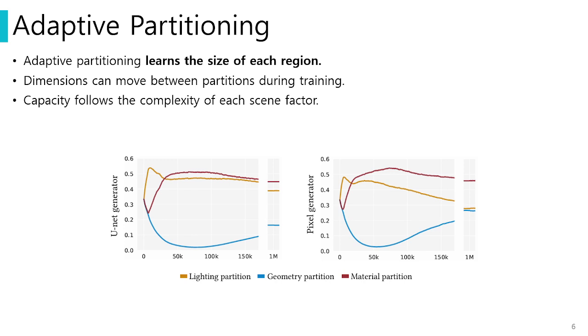During training, the model can move dimensions from one partition to another. Technically, the model learns a trainable size parameter and uses soft boundaries, so backpropagation can update the partition size. So the main idea here is simple. The model learns how much latent capacity each scene vector needs.